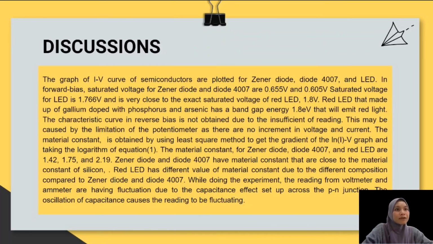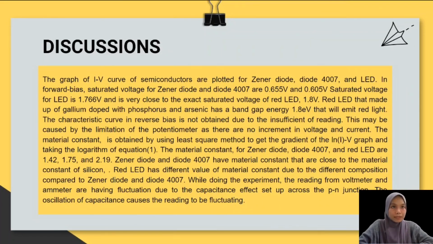And it is very close to the exact saturated voltage of LED, which is 1.8 volt. Red LED that is made up of gallium doped with phosphorus and arsenic has a bandgap energy of 1.8 electron volt that will emit red light. The characteristic curve in reverse bias is not obtained due to the insufficient reading.